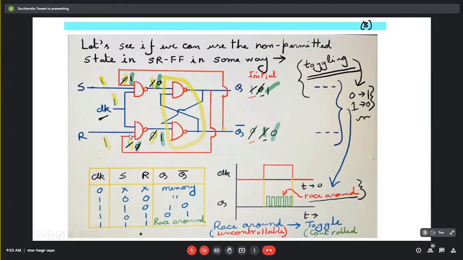And here 3 of the inputs are 1, because clock is 1, R and S are 1, and the one being fed back over here is also 1. So 3 inputs are 1. Naturally the output of this would be 0, and here one of the inputs is 0, so the output of this is 1. So now I am getting 1 and 0.